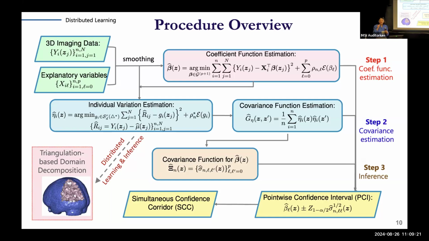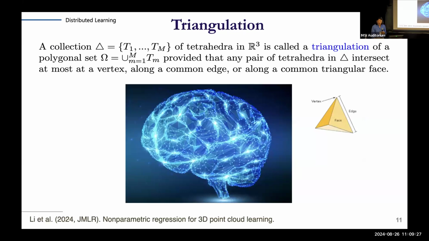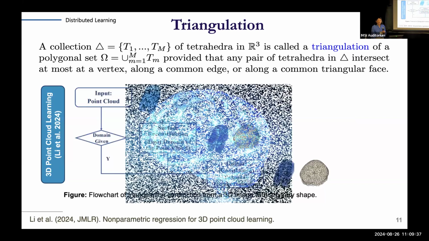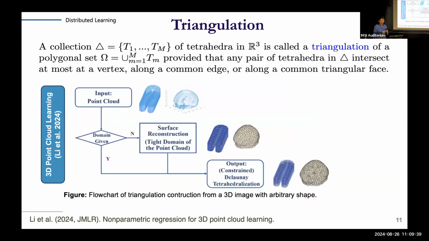And second, it can also facilitate domain decomposition for parallel computing. This slide shows you a definition of the triangulation and also an example of the triangulation for the brain domain. I don't have time to talk about details, so you can look at how to construct a triangulation in our recent GMLR paper.